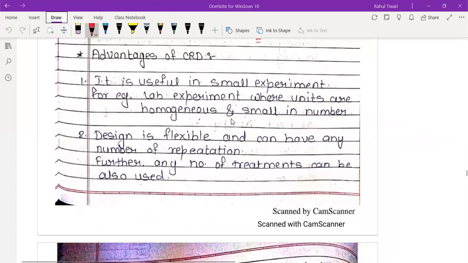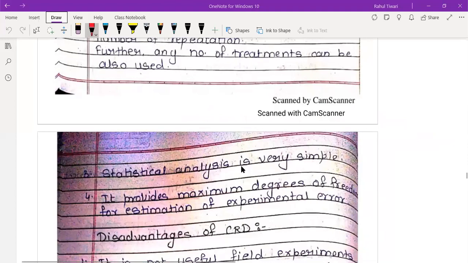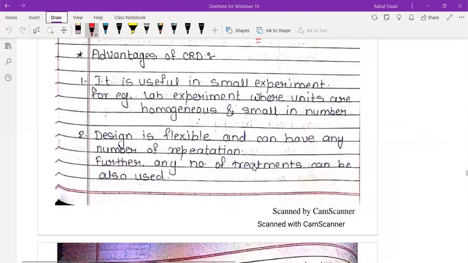Fine. Let's move to the advantage part of this. So what are the advantages of this CRD? See, as I said, it's a completely randomized design and it is used basically when you are doing small experiments.